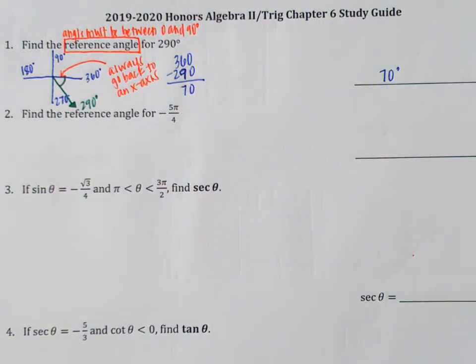Okay, so find the reference angle for negative 5 pi over 4. Now there's two ways of doing this. First way is by just looking at the denominator. I can just look at the denominator and figure out that this reference angle is going to be 45 degrees. But let's say we didn't have that memorized.